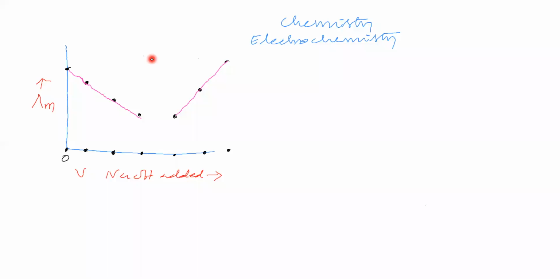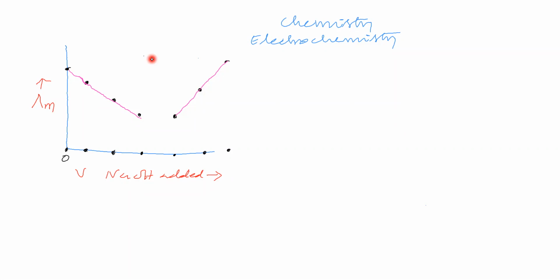H+ has higher lambda m, Na+ has lower lambda m. Since H+ is replaced by Na+, lambda m goes on decreasing. So on adding sodium hydroxide solution continuously, lambda m goes on decreasing. This is possible till the equivalence point, because till the equivalence point HCl will be there, H+ ions will be there.